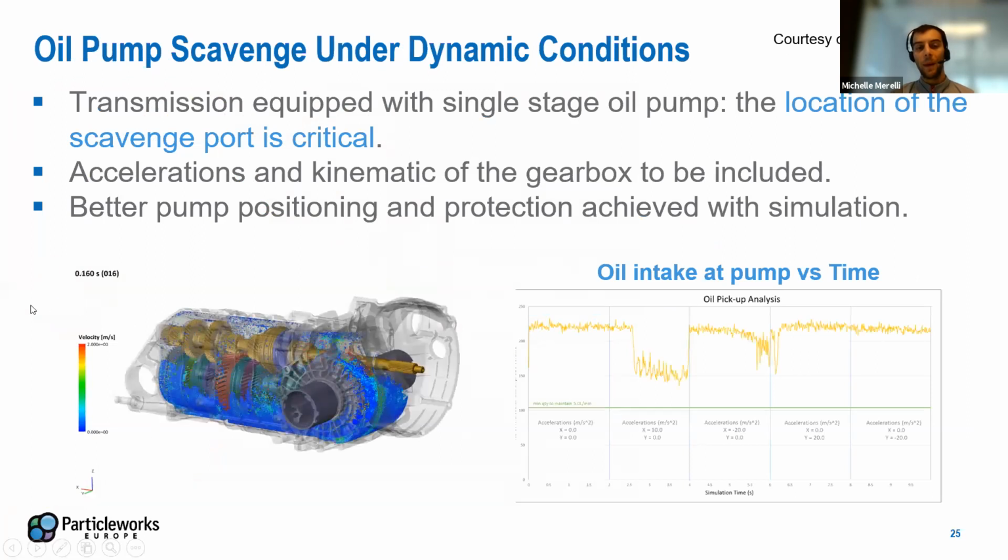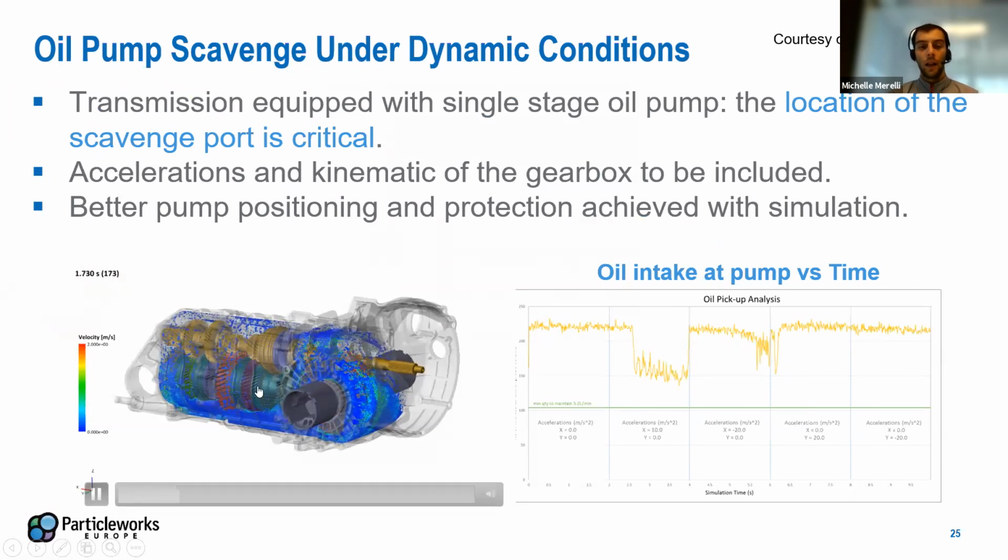Another aspect that I mentioned is oil sump scavenge analysis. In a lot of systems, we have a circuit that redirects oil from the sump, from the filling oil, to the injection areas.